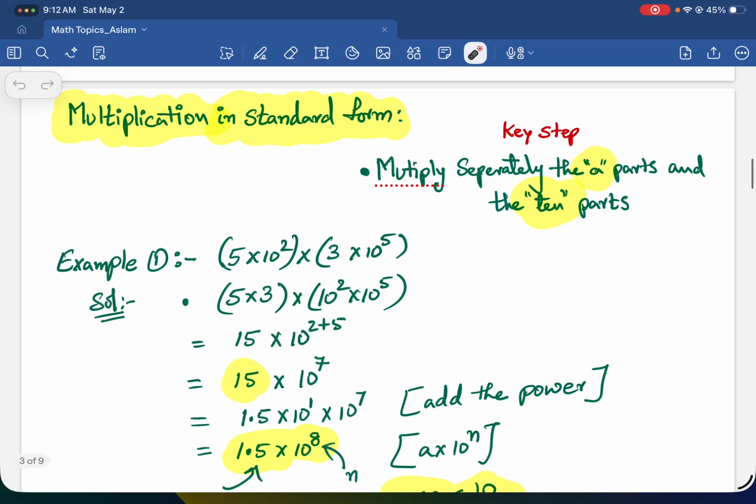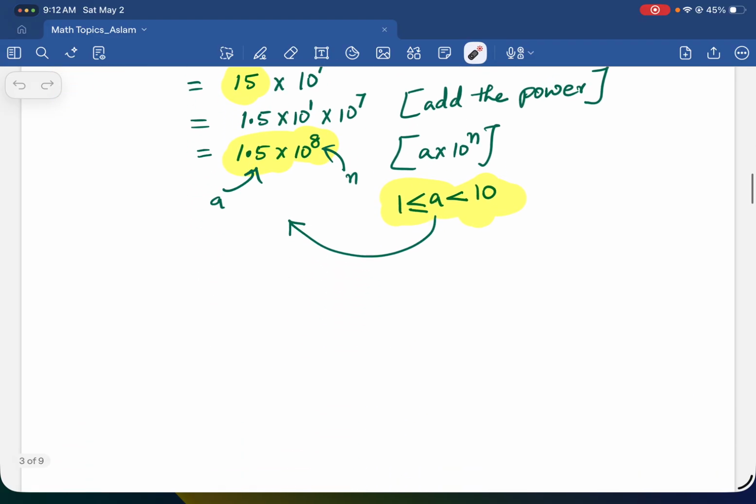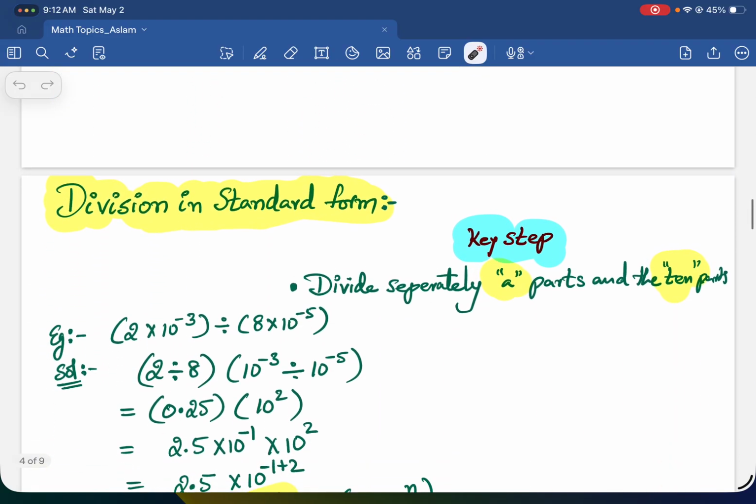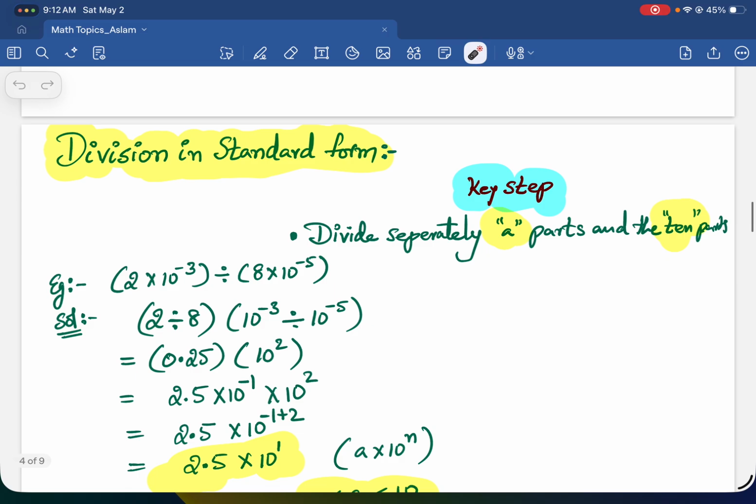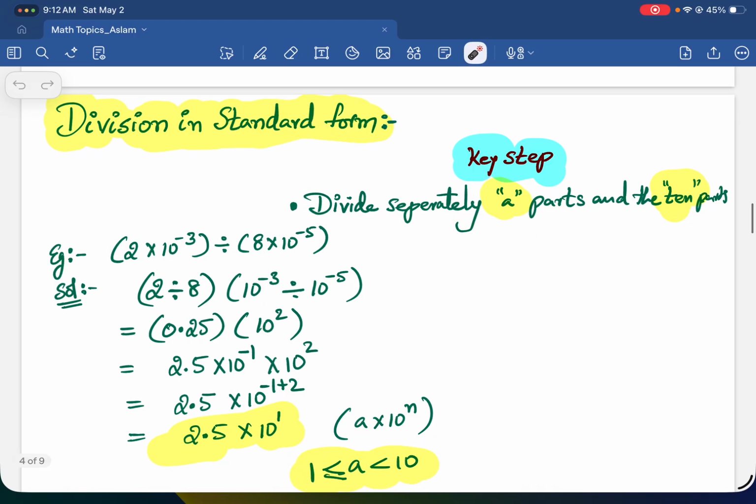Now this is very easy. So that was multiplication. Similarly for division also we do the same thing. We divide the a parts separately and the 10 parts separately. So suppose for example you have 2 into 10 to the power of -3 divided by 8 into 10 to the power of -5. So first you take the a part, 2 divided by 8, and 10 to the power of -3 divided by 10 to the power of -5.